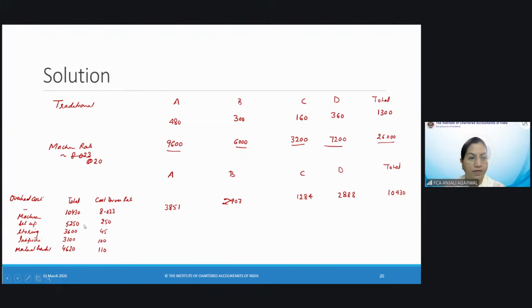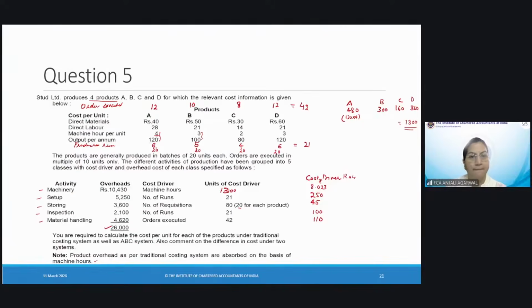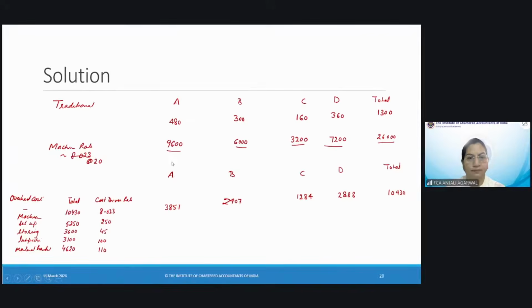Setup is 250, and the setup was 6,546. Six, five, four, six. So 250 into 6, 250 into 5, 250 into 4, and 250 into 6 is again 1,500.